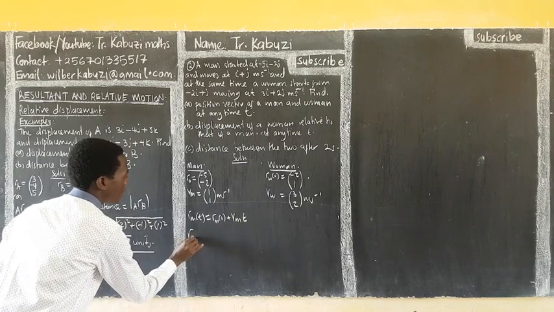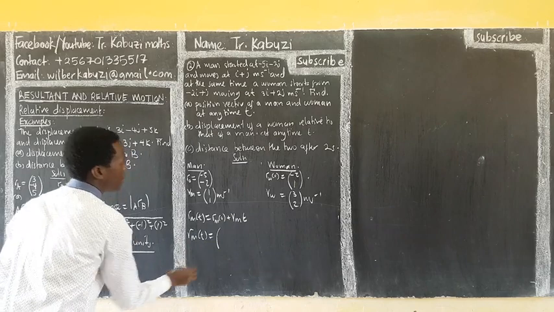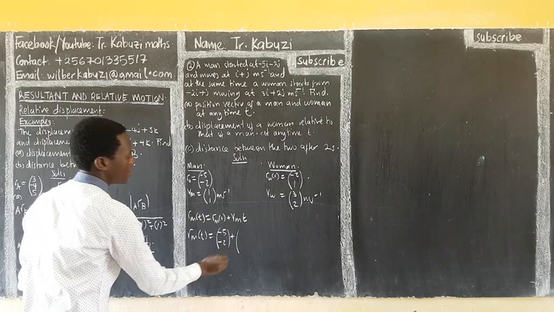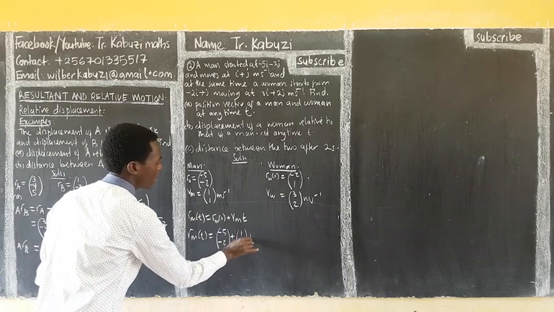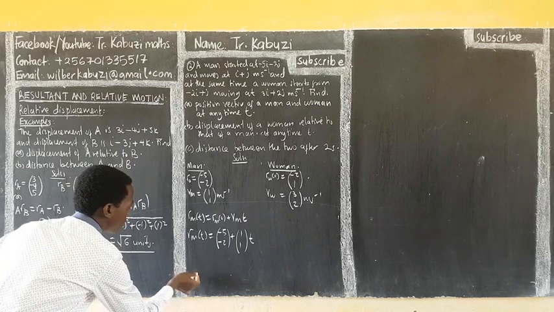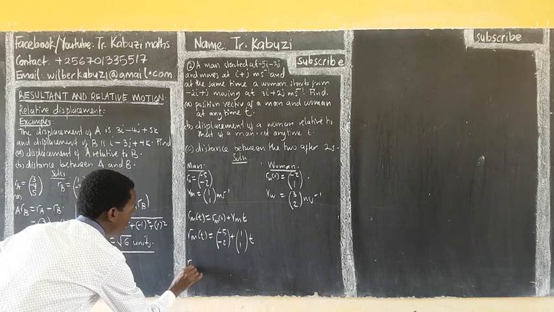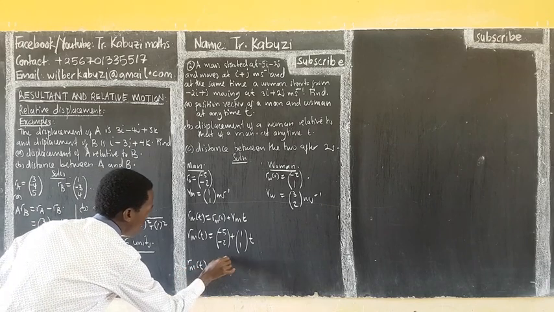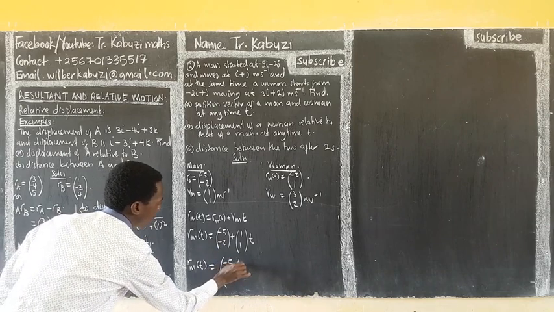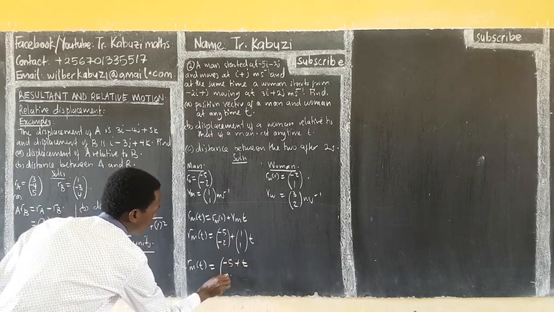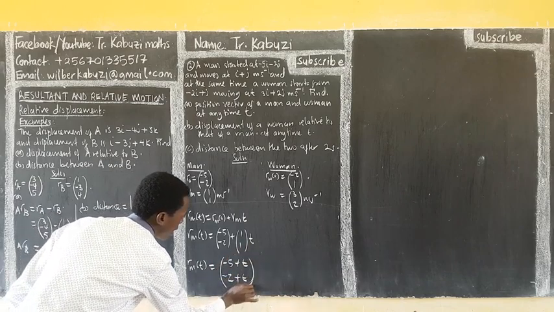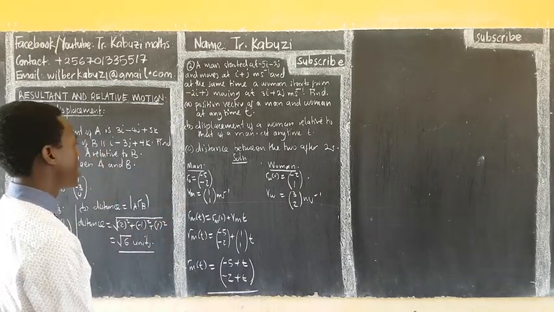So the position of the man at any time is going to be starting from -5, -2, then he's moving at 1, 1, then t. So this will give us -5 plus t, then -2 plus t. That is the displacement of this man at any time t.